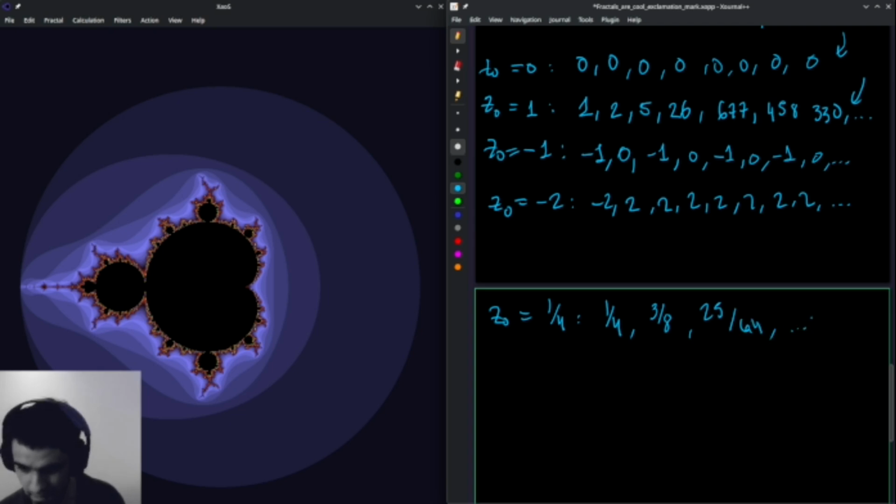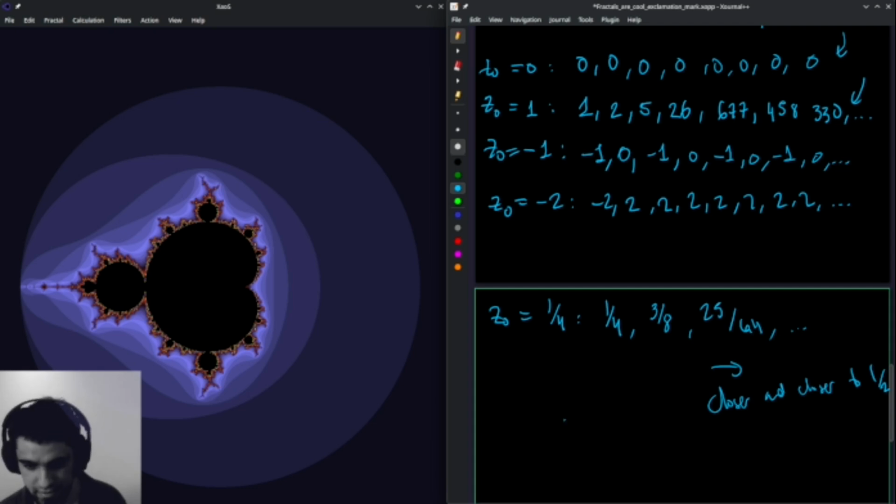And this is a number that is getting closer and closer to a half, but it never reaches a half. So it's quite interesting. Why is that the case?